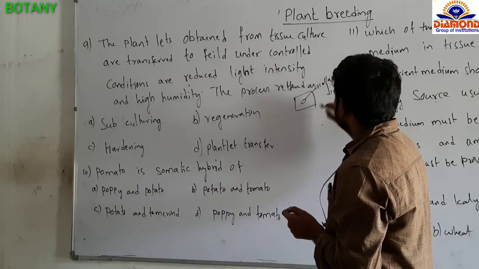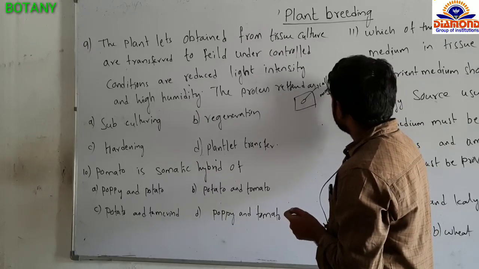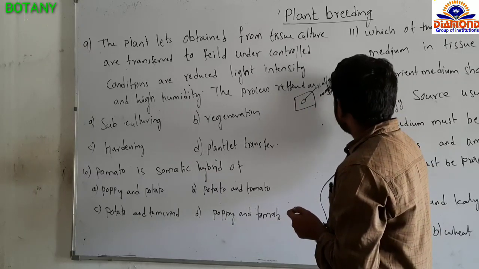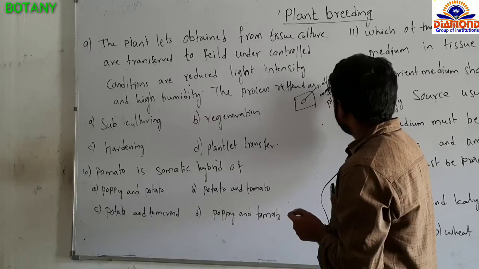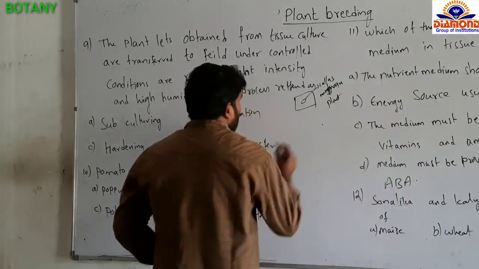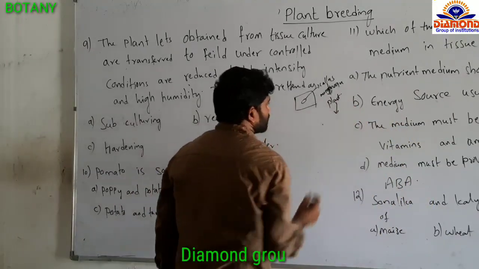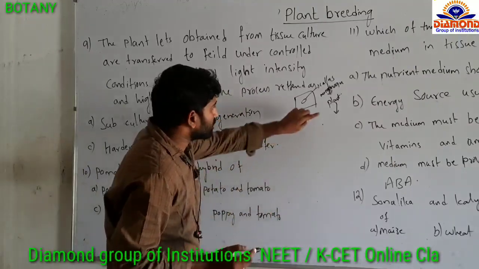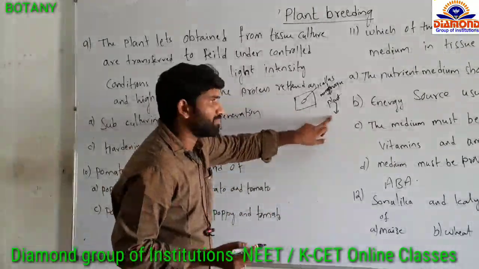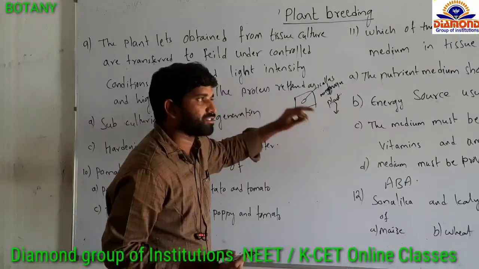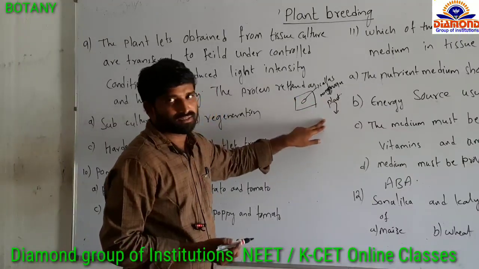From the callus, by the process of morphogenesis, we get the plant body, meaning plant organs develop. After the morphogenesis, we are going to transfer this plant from the nutrient media, that is from the laboratory conditions, into the greenhouses.